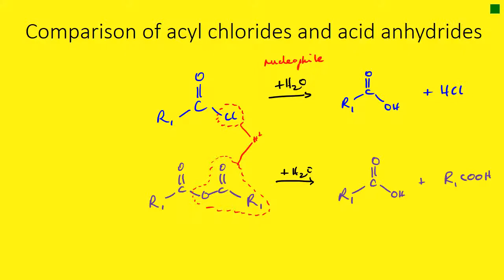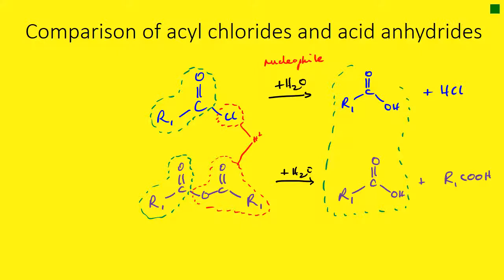And then the acyl groups, which we can ring in green because they're the same, are just the same in both cases, and they went on to make the same acid, which we can draw in a green dotted line around like that.